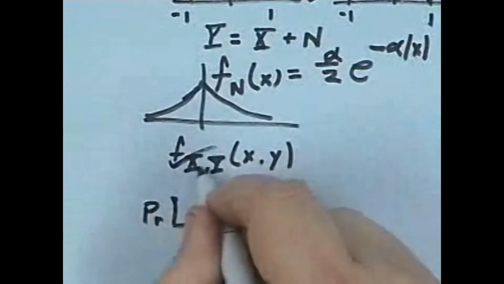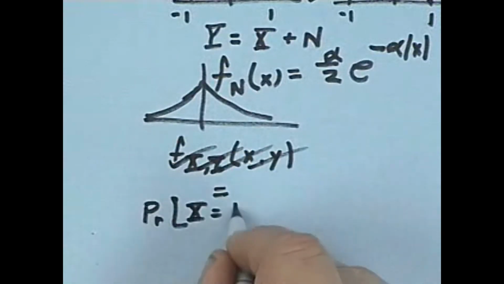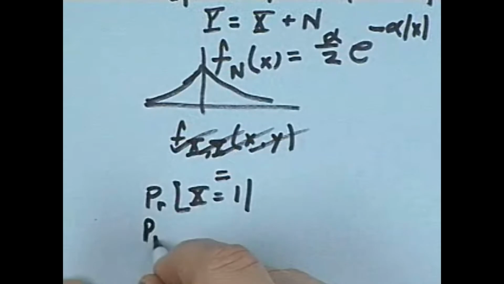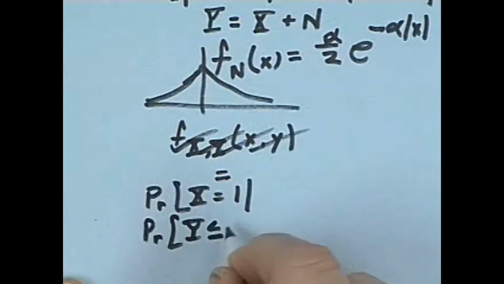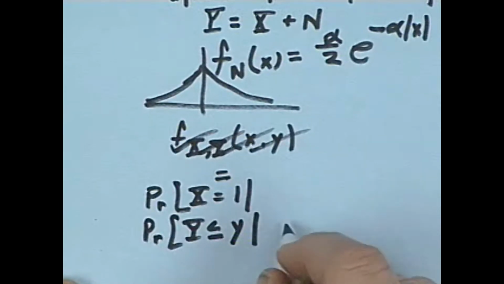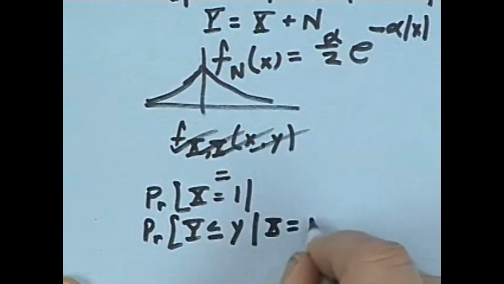The probability that x is equal to 1 given that y is less than or equal to y. Okay. Probability that y is less than or equal to y given that x is equal to 1. Look, it's a given.